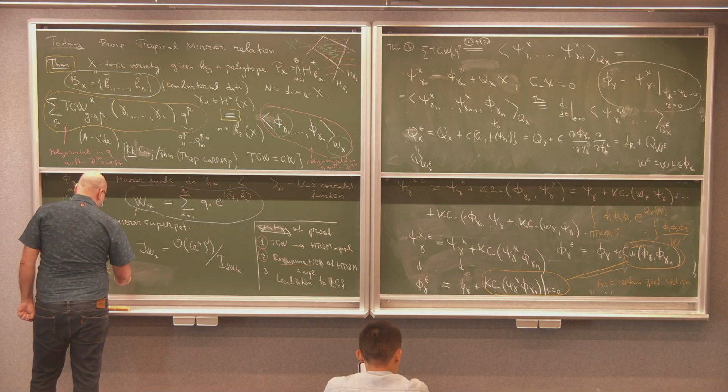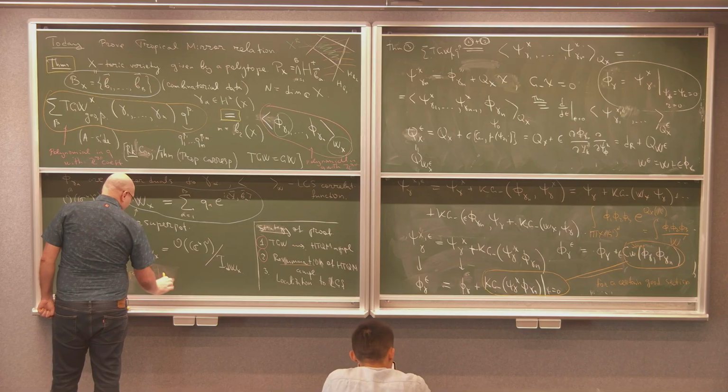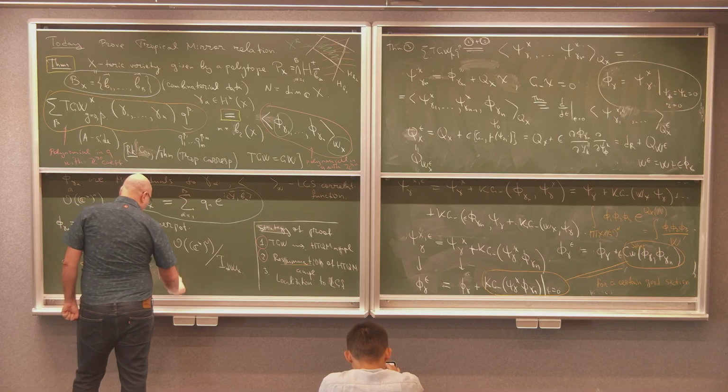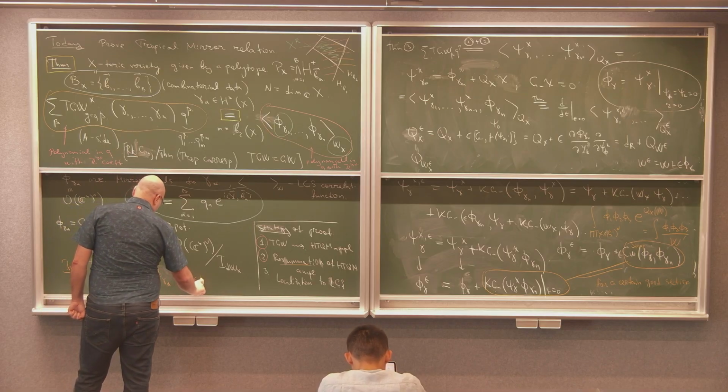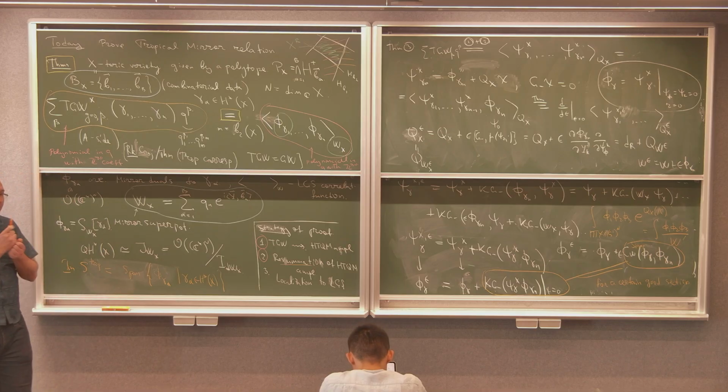It is the linear span of nothing but phi gamma alpha, where gamma alpha runs over cohomology classes of X. For each cohomology class, we take a representative which is U1 to the n invariant.